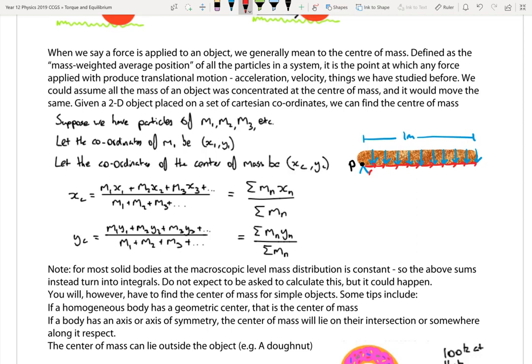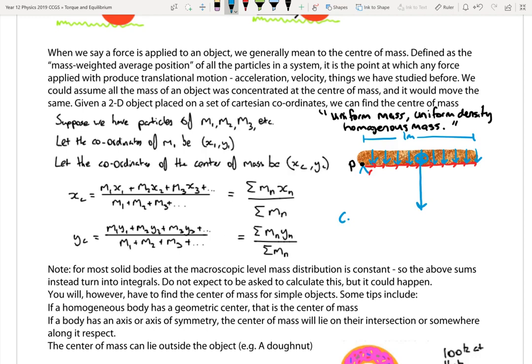Does that make sense? Now, you will be given one of these key words: uniform mass, uniform density, or homogeneous. Any of these terms is telling you that its center of mass is said to act directly midway along.